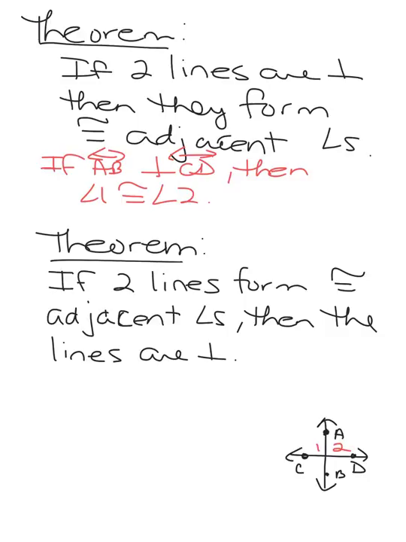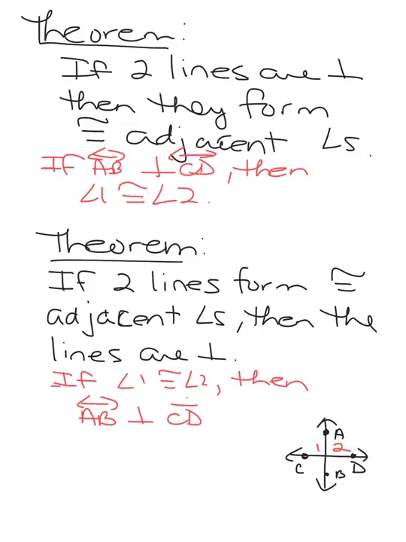And the second theorem is the converse. So instead of starting by saying that the lines are perpendicular, my hypothesis there is that the angles are congruent. So if angle 1 is congruent to angle 2, then I can say line AB is perpendicular to line CD.